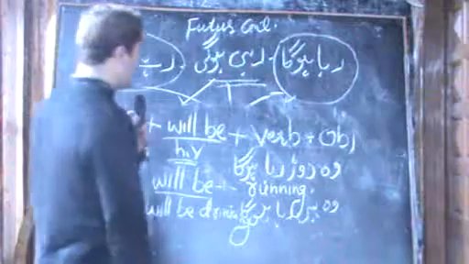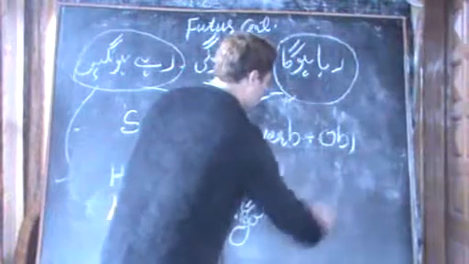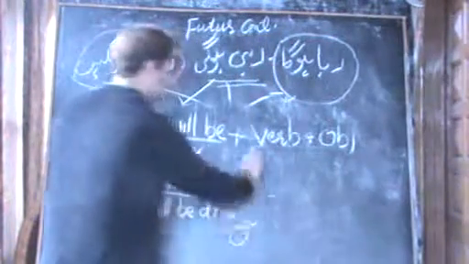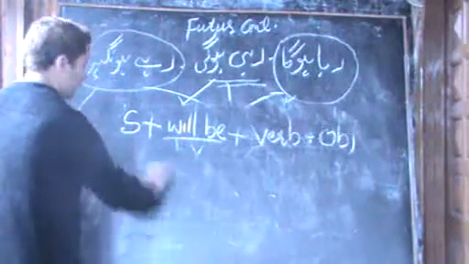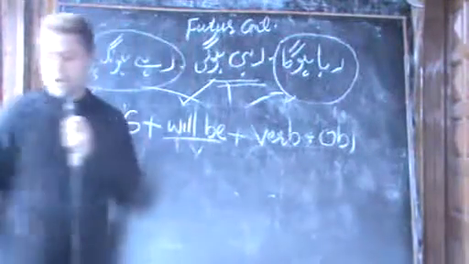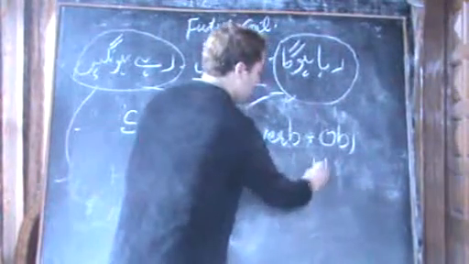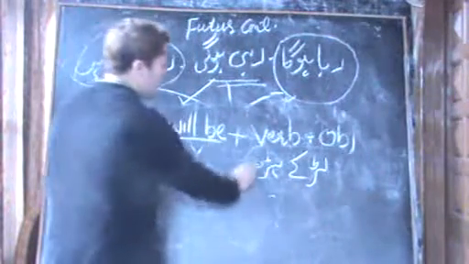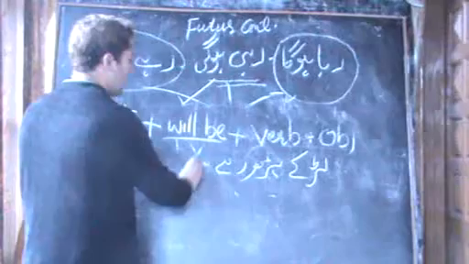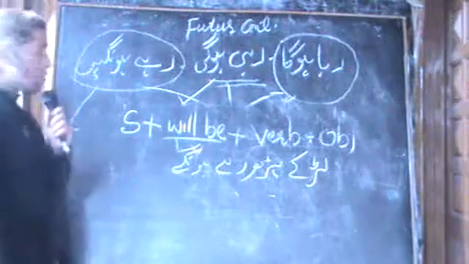The next example will be based on the plural. I will write here: लड़के पढ़ रहे होंगे.